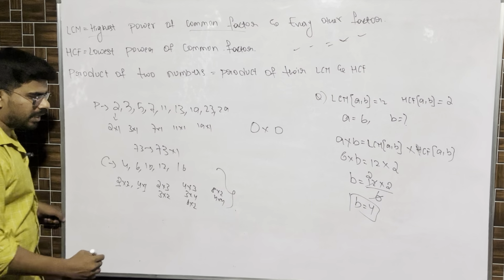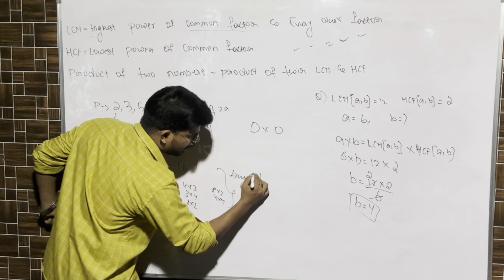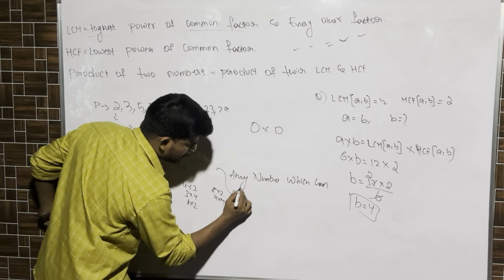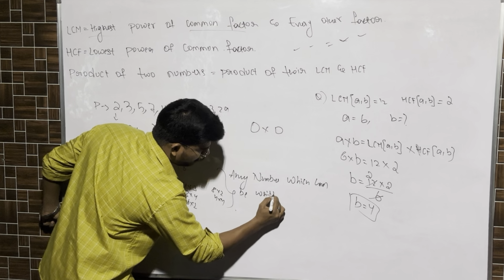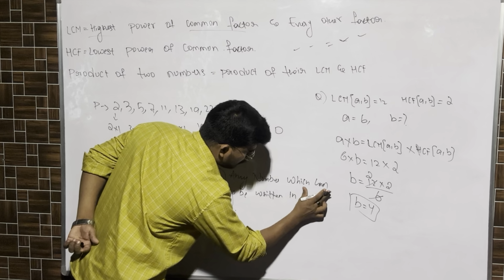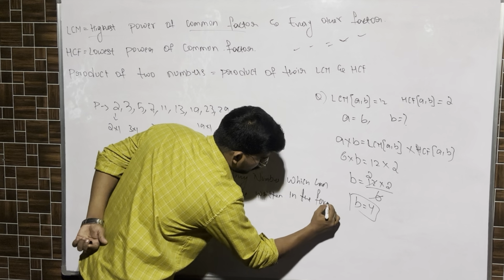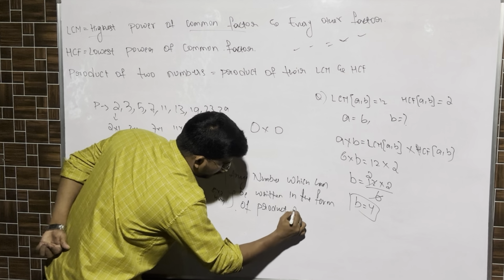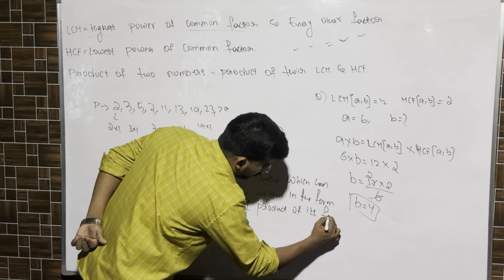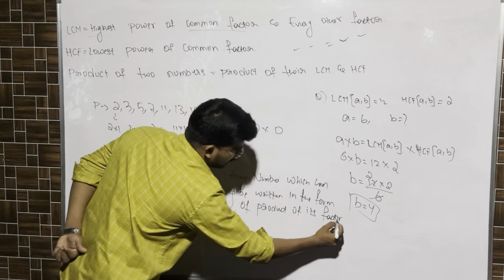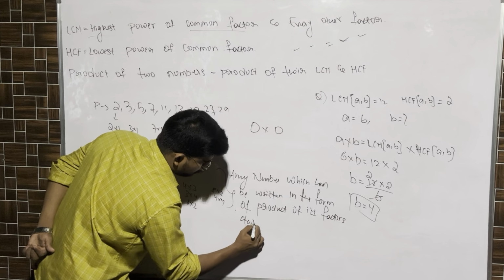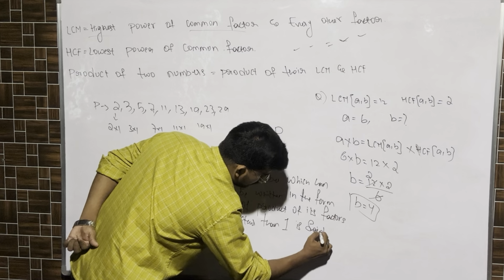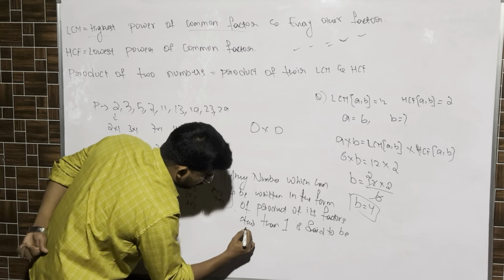Composite number definition: any number which can be written in the form of a product of its factors other than 1 is said to be a composite number.